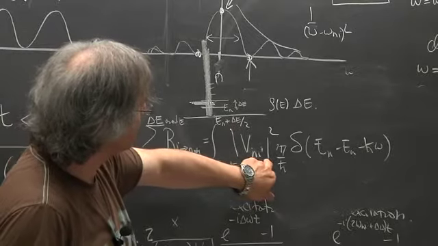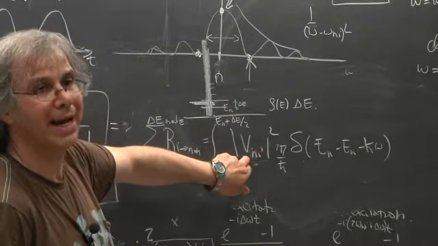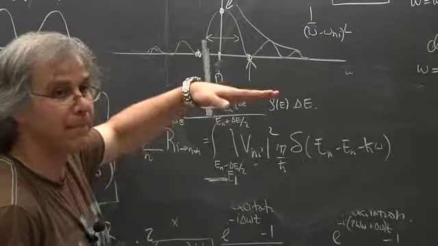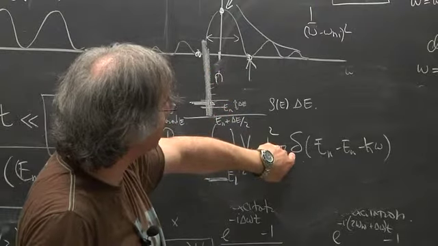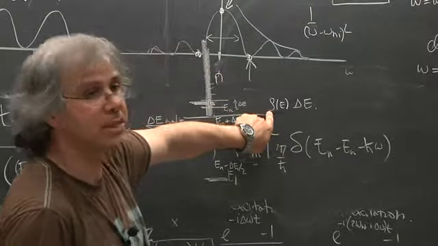And what I'm telling you is that this coefficient here depends very, very little on N, on the energy, on the number. So you can drop it out, okay? And the integral of the delta just gives the density of states.